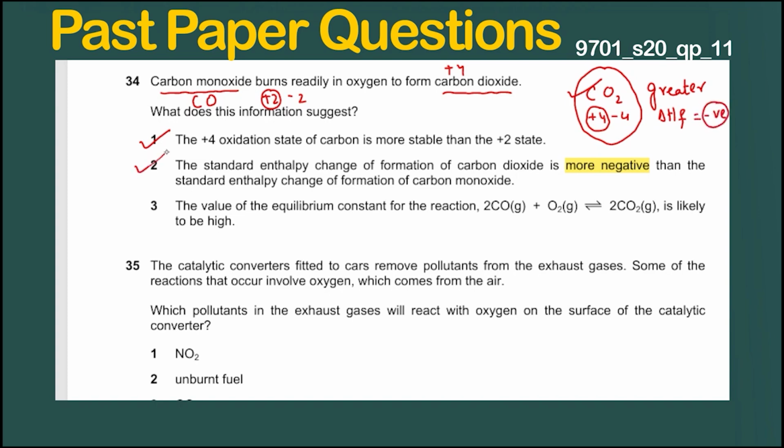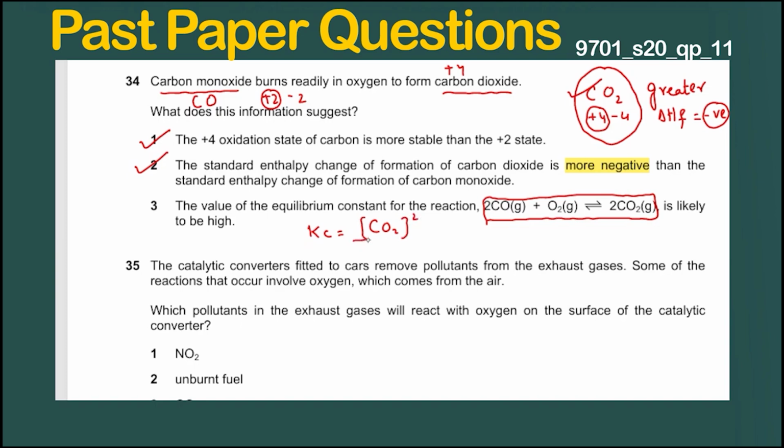So beta ji, second statement, that's why it is correct. The value of equilibrium constant for the reaction, this is the reaction, is likely to be high. So if we talk about the equilibrium constant, the Kc expression will be product over reactants. We have product, that is carbon dioxide.